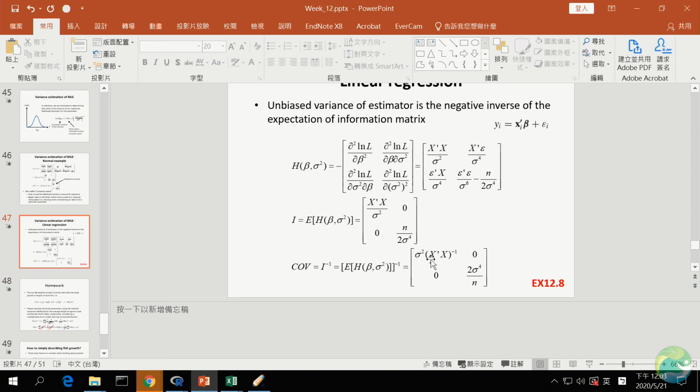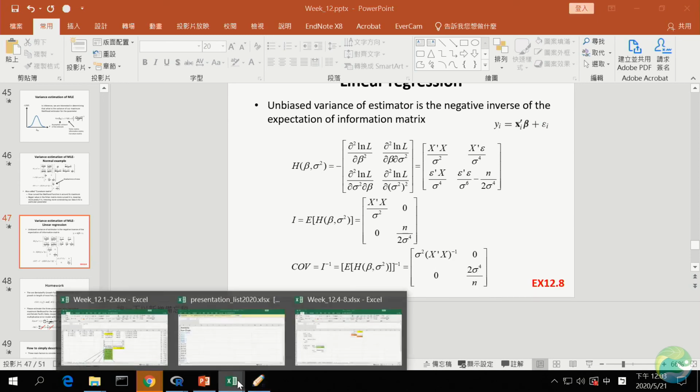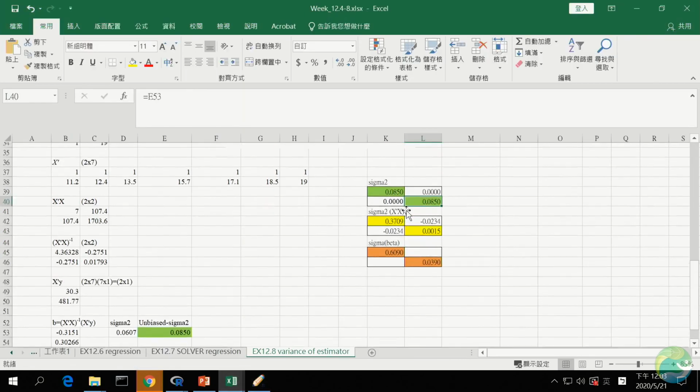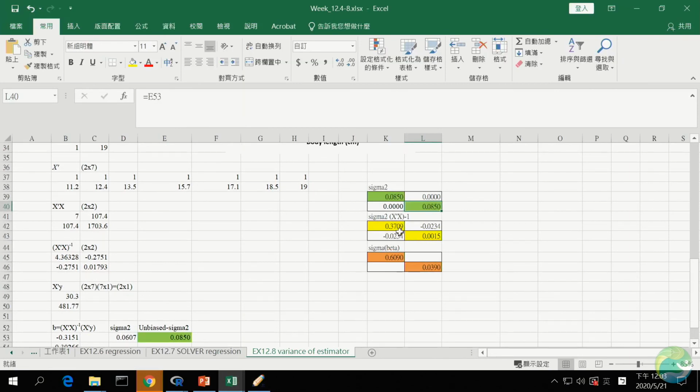Sigma multiplied by this term for A, and this one is for B. So we can do our hand calculation. This is the sigma. After sigma multiplies this, it becomes this term, right? So this is the standard error. And we do the square root, and it becomes these two values.